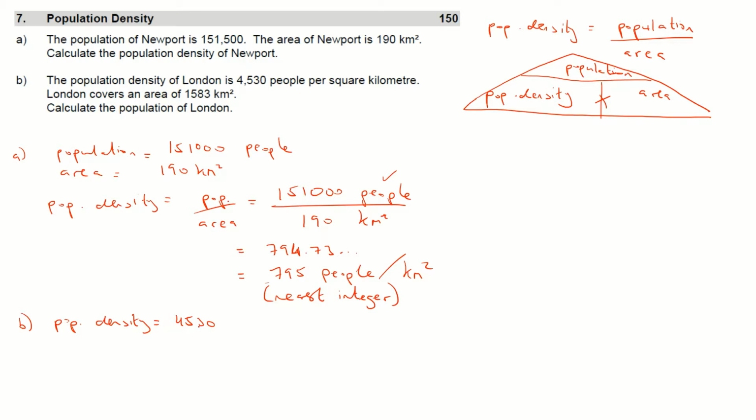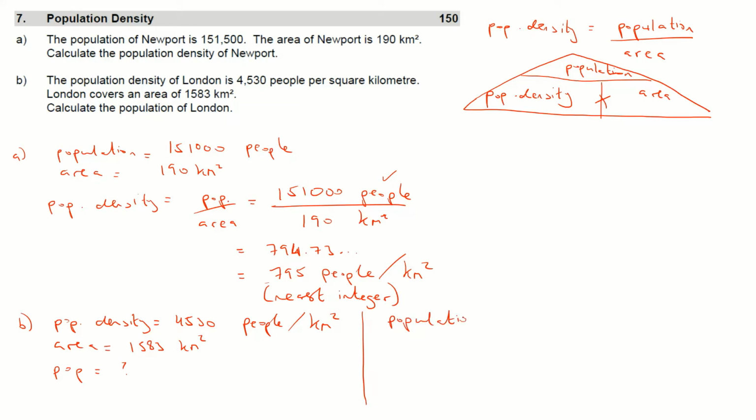The density of people here is 4,530 people per kilometer squared. London's area is very large, over 1,500 kilometers squared, almost 1,600 kilometers squared. Find the population. Well, if I go by here, look, remember the population.